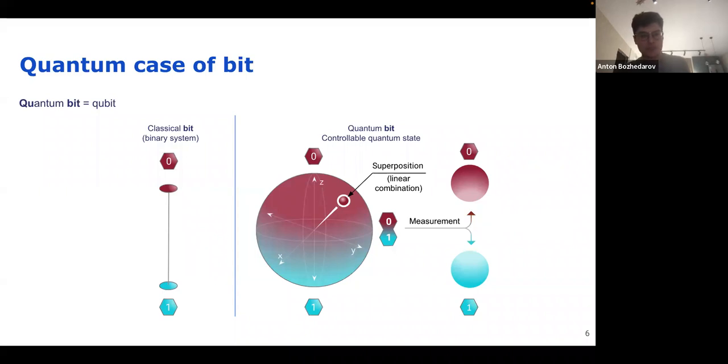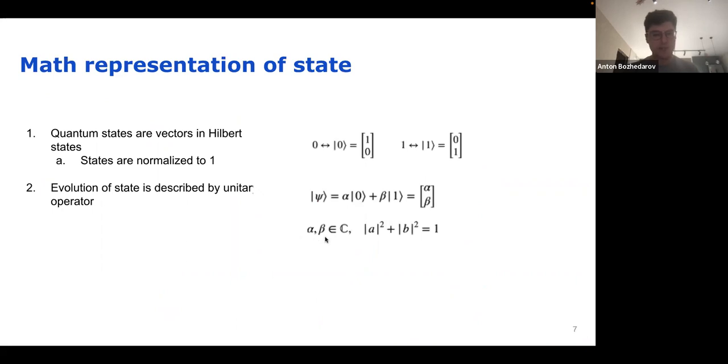But what is very important is that we cannot measure all the information that is stored inside the qubit, even if it stores an infinite number of bits, depending on the precision of the variables. Here we have alpha and beta.